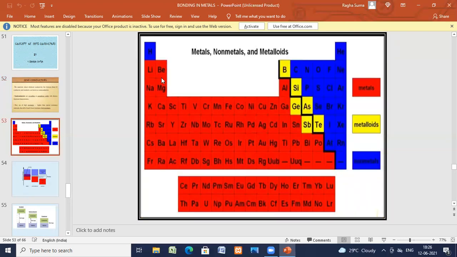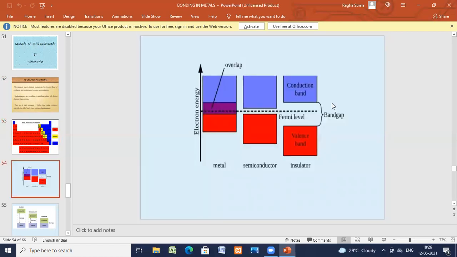I've told you here in the periodic table where they lie. Here these are the metals, these are semiconductors, and these are the non-metals. Silicon and germanium are the elemental semiconductors. They have four valence electrons distributed among the outermost s and p orbitals, which involve sp3 hybridization.